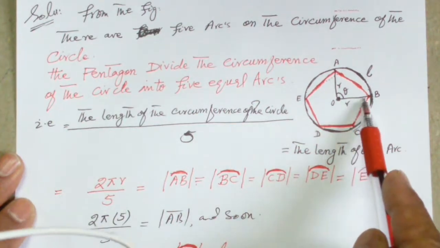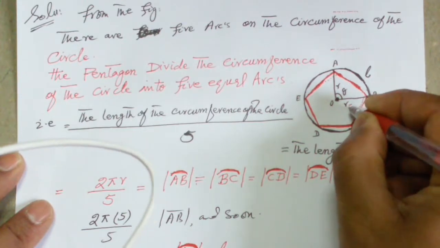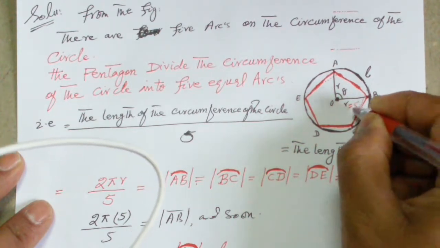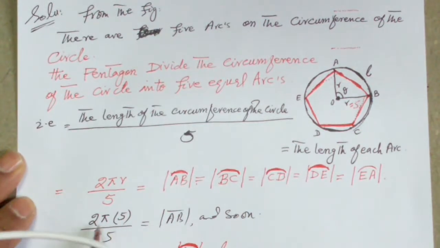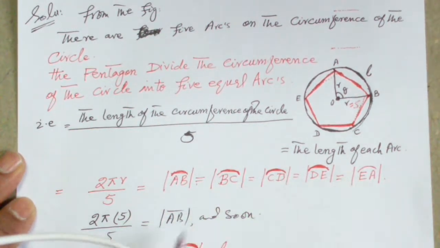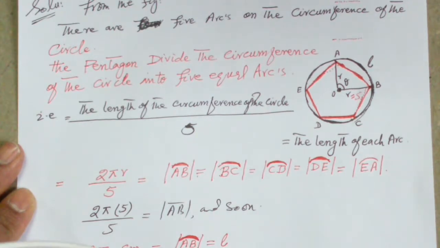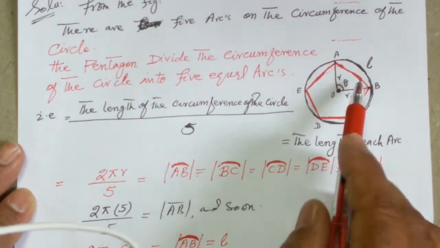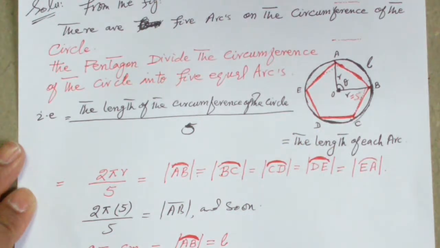The radius R is 5 centimeter, so substituting, 2 pi multiplied by 5 divided by 5 is equal to AB, which is 2 pi centimeter. The length of each arc is 2 pi centimeter.